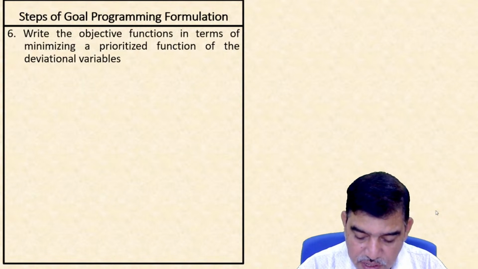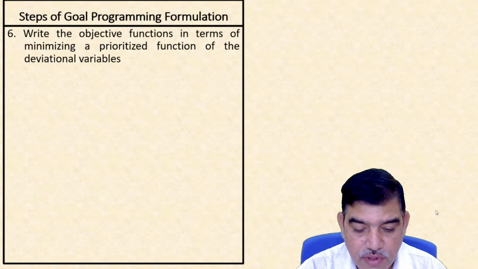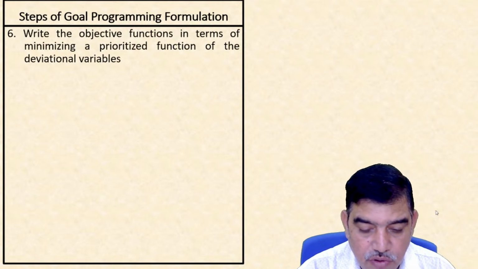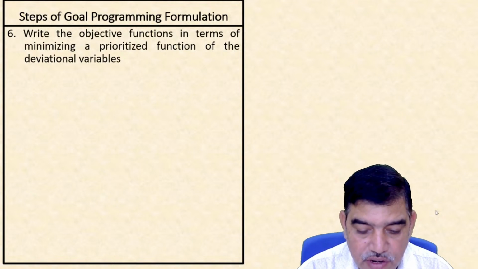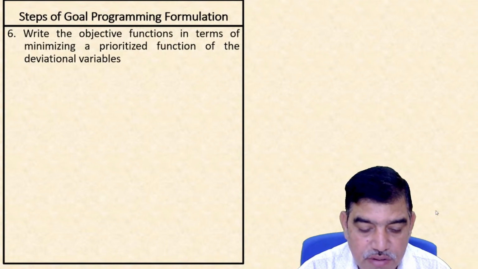It should be remembered that if there is no deviational variable to minimize in order to achieve a certain goal, a new constraint must be created. Also, if further refinement of goals and priorities is required, it may be facilitated by decomposing certain deviational variables.